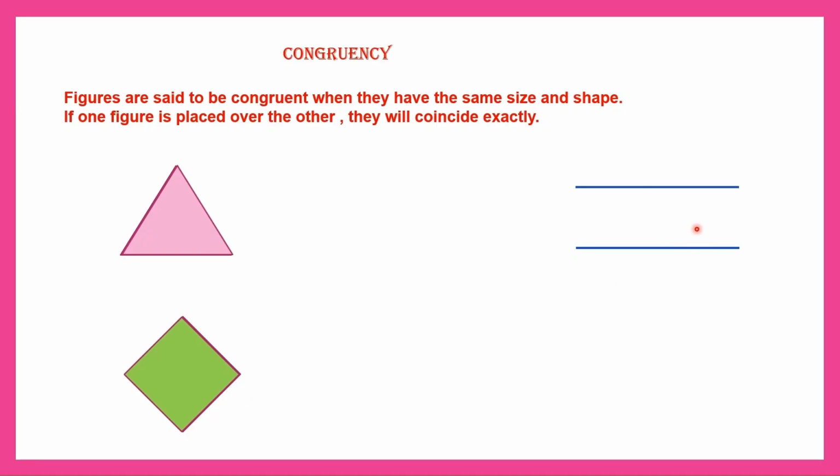Now here we have two lines, and let's see if these two lines, when they're placed one on top of the other, will coincide exactly. Yes, as you can see, they have also coincided. That means they are congruent lines. So this is the meaning of congruency. They have the same size, same shape, and when they're placed over the other, they will coincide exactly.